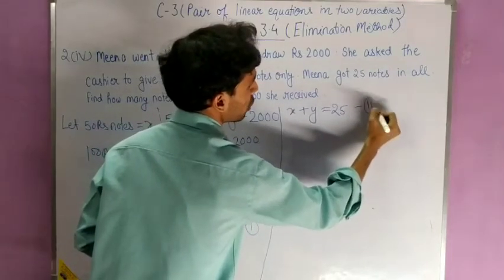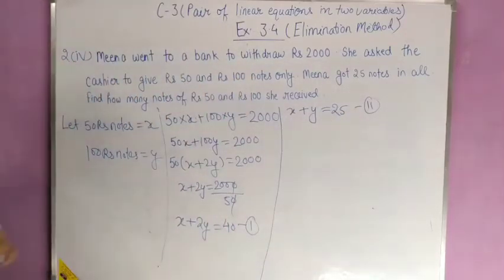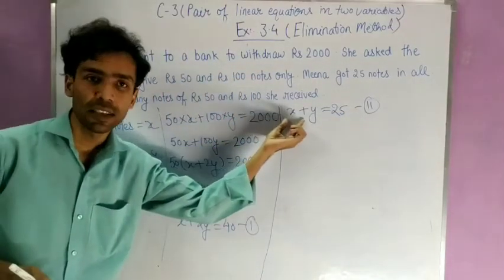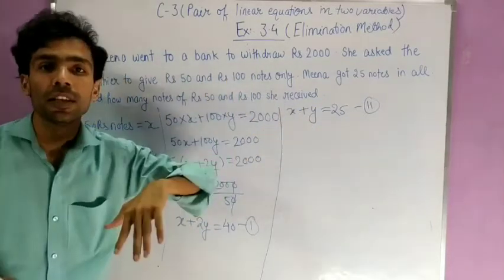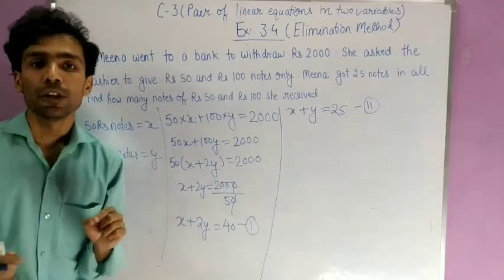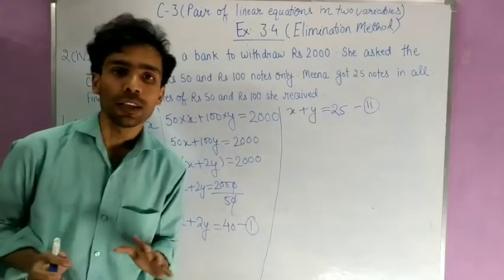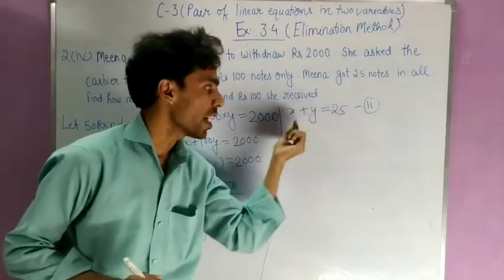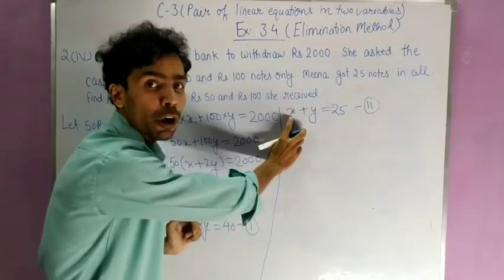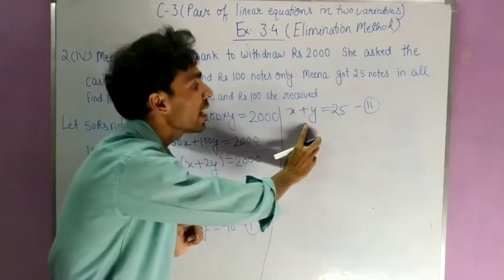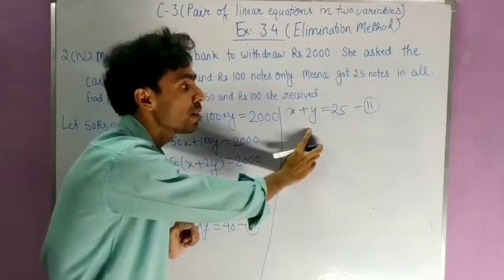So this is our equation number 2. Because 50 rupees notes is x, suppose 50 rupees notes are 5 and 100 rupees notes are 20. So when you add both of them, you will get 25 only, na? So the same thing I have written, x plus y equal to 25, because x is the number of 50 rupees notes and y is the number of 100 rupees notes.